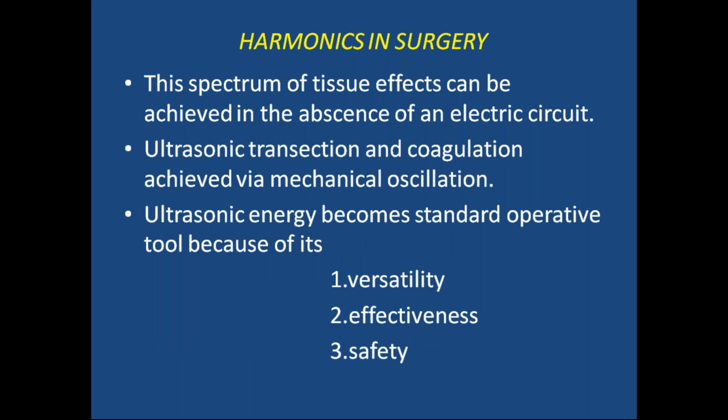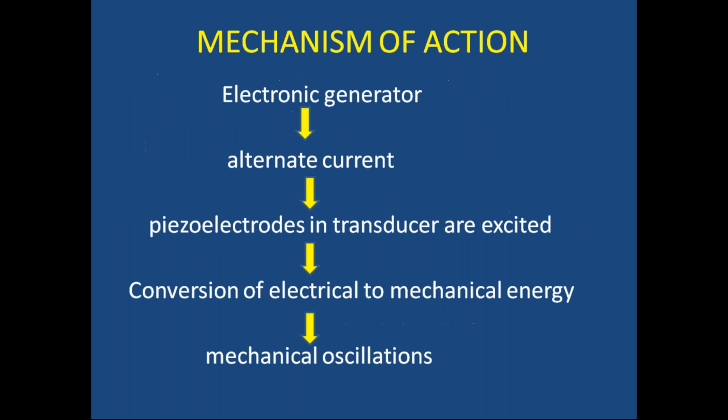So the spectrum of tissue effects can be achieved in the absence of an electric circuit. Ultrasonic transection and coagulation are achieved via mechanical oscillation. Ultrasonic energy has become a standard operative tool because of its versatility, effectiveness, and safety. So what is the mechanism of action?